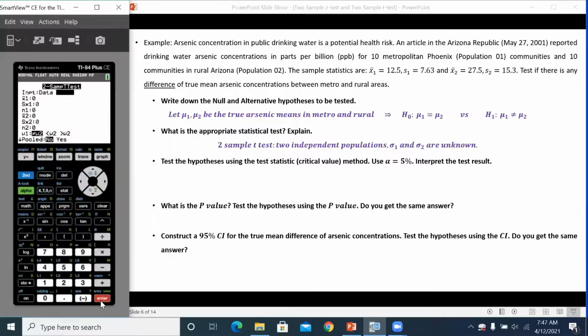Now you have to define x1 bar, sx1, n1, x2 bar, sx2, and n2.